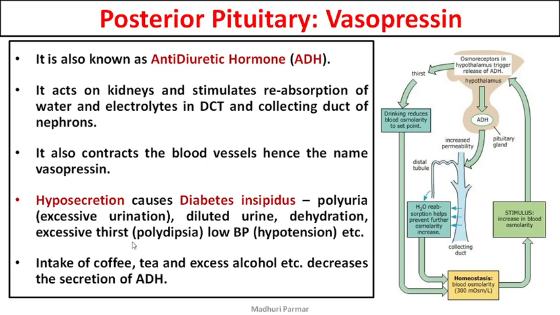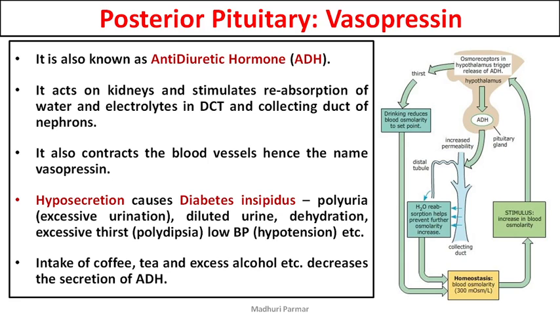Intake of coffee, tea, and excess alcohol decreases the secretion of ADH. So what happens to excessive coffee or tea drinkers, or some alcoholics? You must have heard, seen, or experienced that if you drink a lot of tea or coffee, you have to go to the bathroom frequently, right?